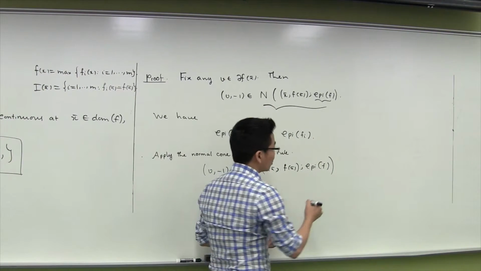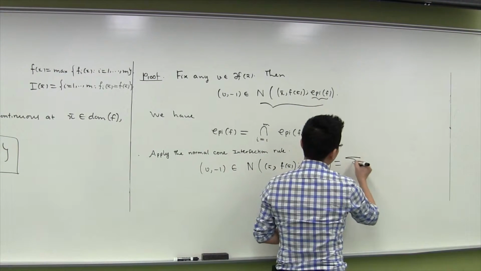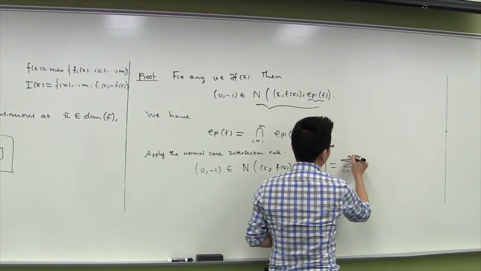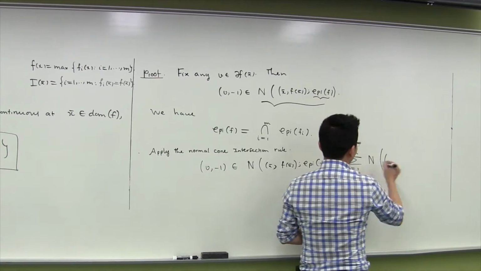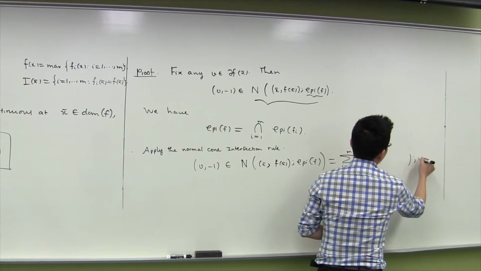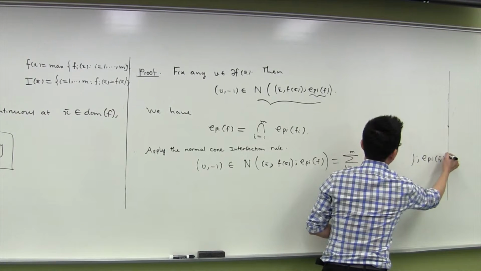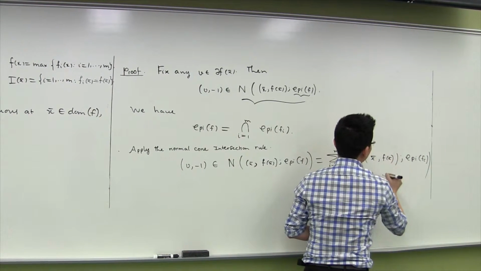So by the normal cone intersection rule, this normal cone can be represented as the sum where i runs from 1 to m of the normal cone to the epigraph of fi at the point x bar, f of x bar. Okay?